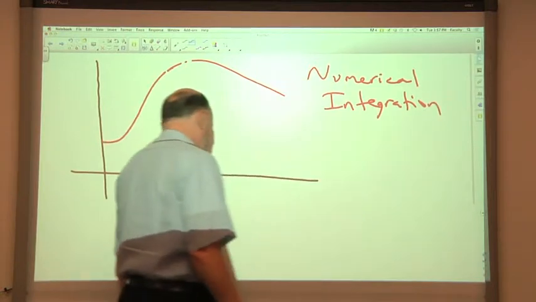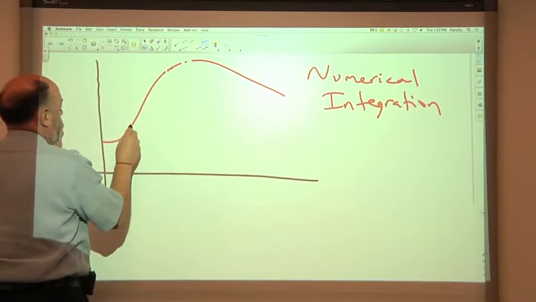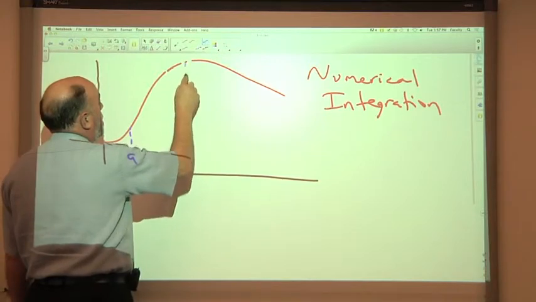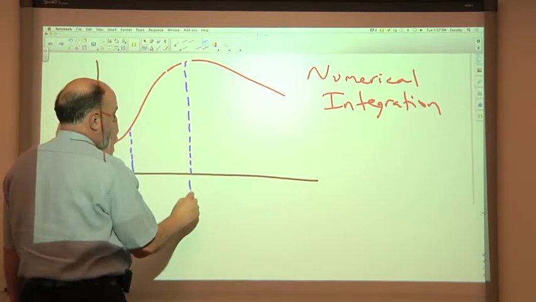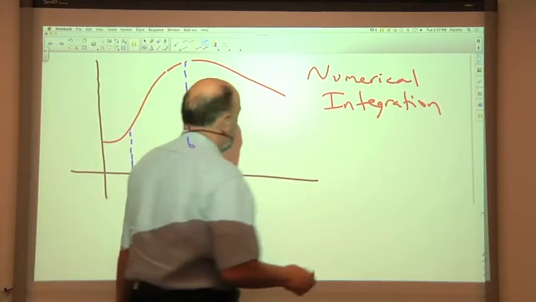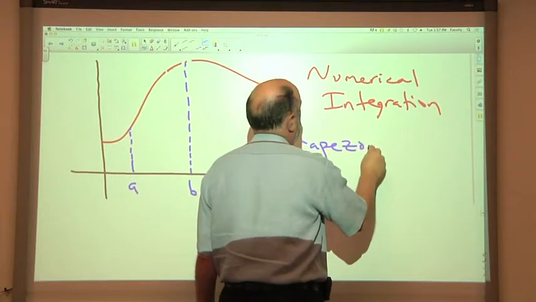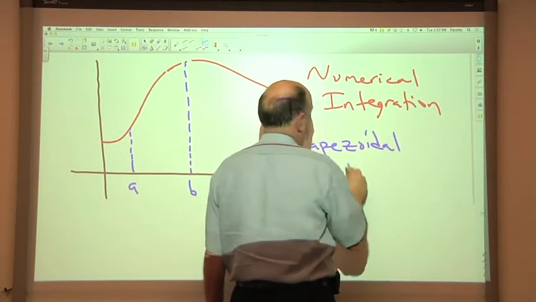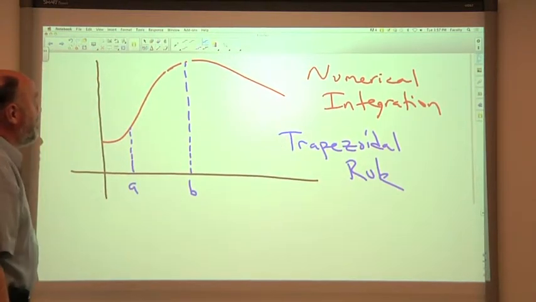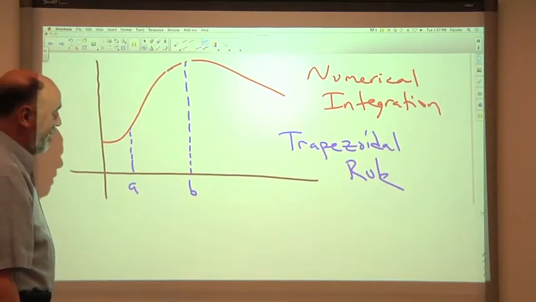So, for example, I want to find the area from point A to point B. So let's say that's point A, and that is point B. And so the first rule we're going to talk about for this is called the trapezoidal rule, which basically says I can divide this area up into a number of trapezoids and add those areas together.